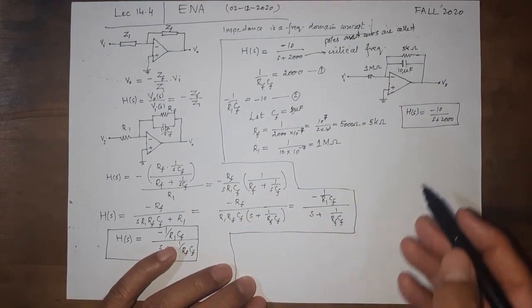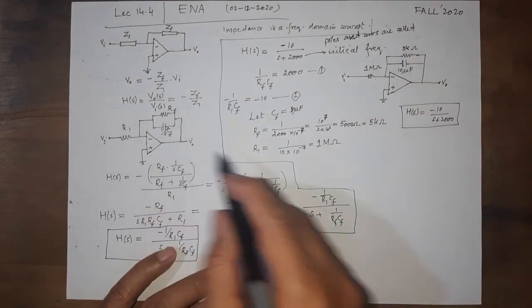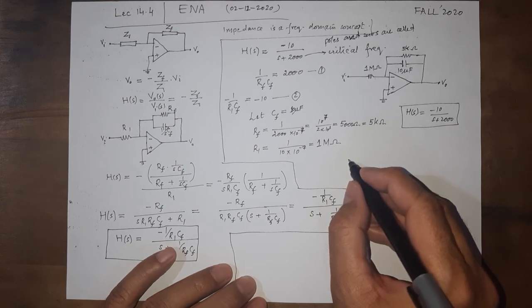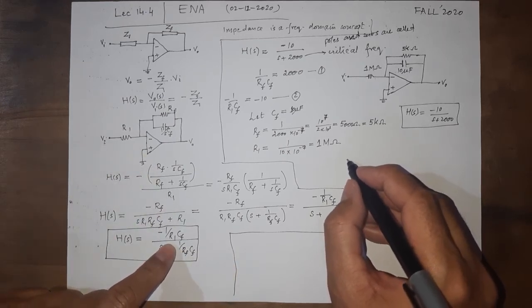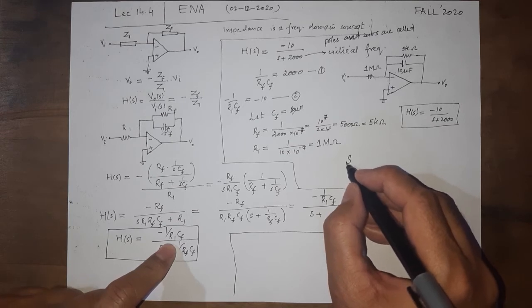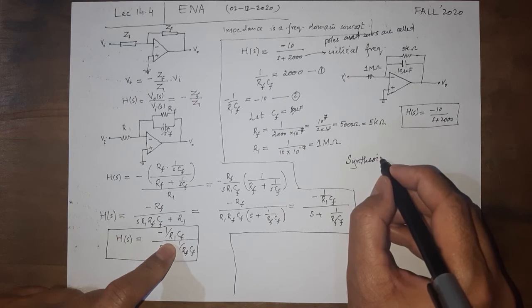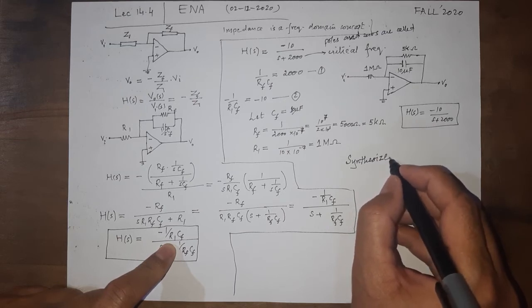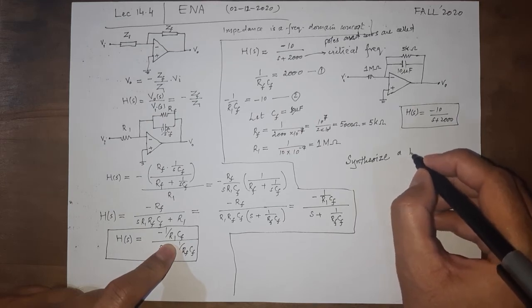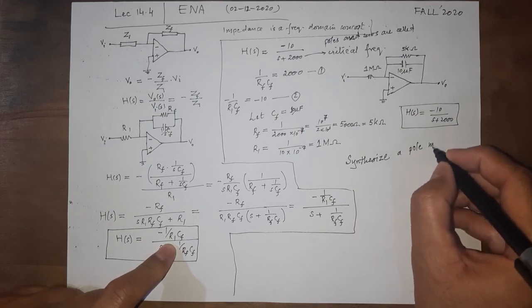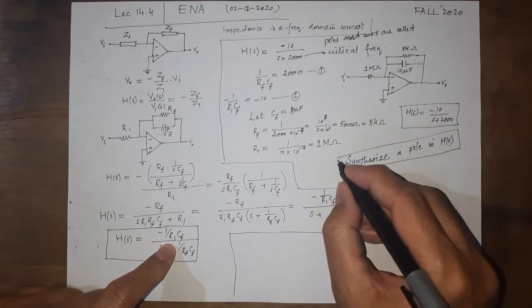So if I generalize it, basically this circuit with this transfer function can be used to synthesize, that is the word, synthesize a pole in H of S. And that is an important learning today.